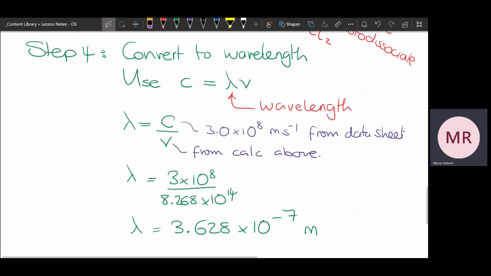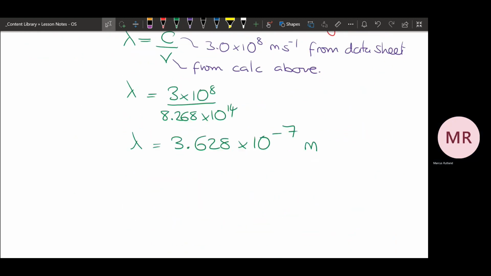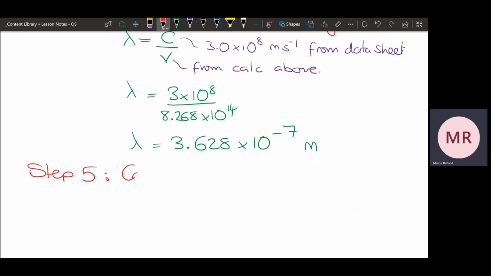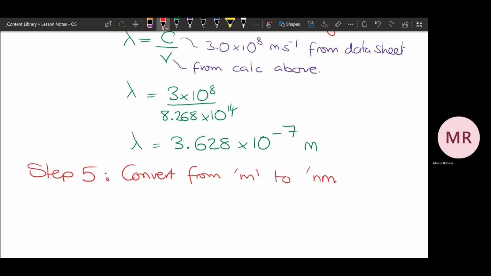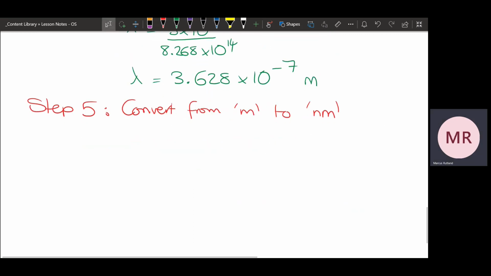Step 5 is just to convert the wavelength from meters to nanometers. And you might well be sitting there going, well, I've never heard of a nanometer, how am I supposed to know? The answer is you are expected to memorize it.